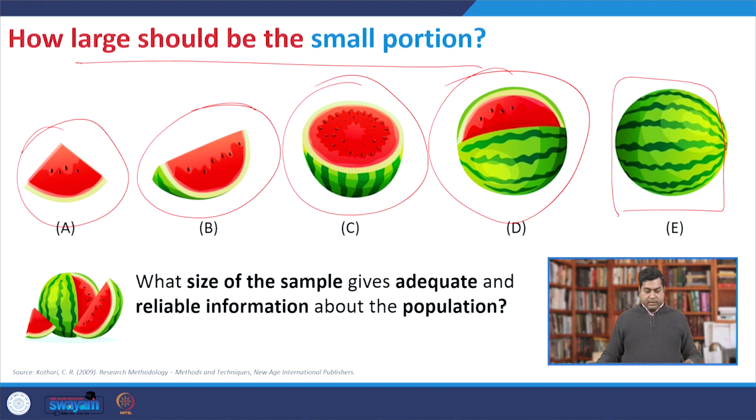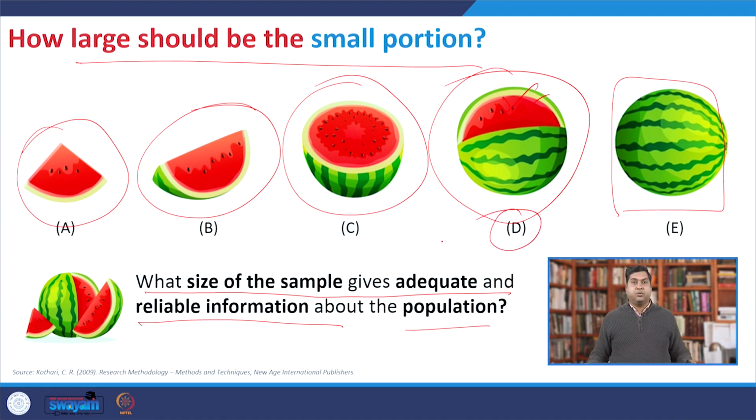Now definitely the question arises: what size of sample gives adequate and reliable information about the population? If it is too much, like in this example, to assess the quality of the watermelon, we are almost covering the entire watermelon, right? Only 1/4 is left out.